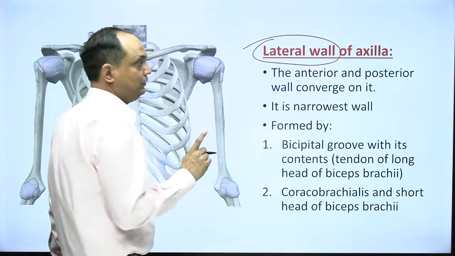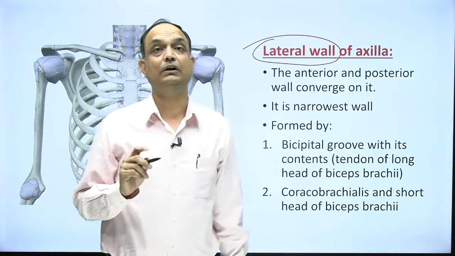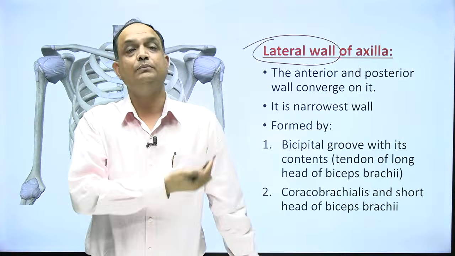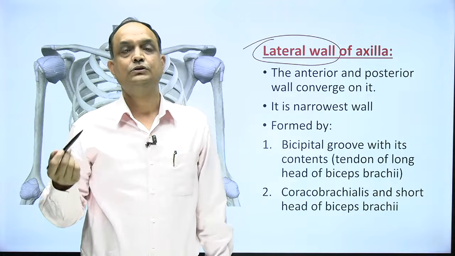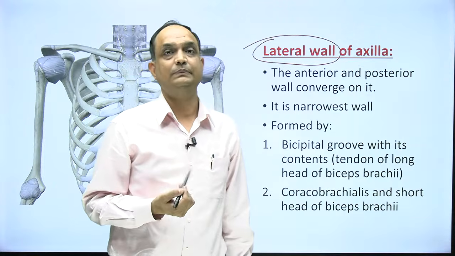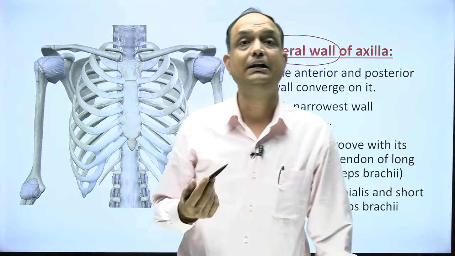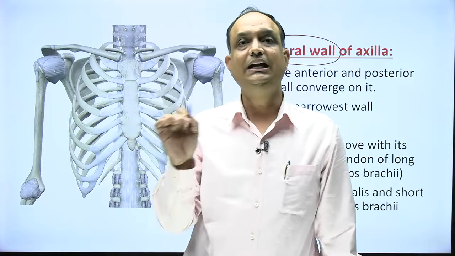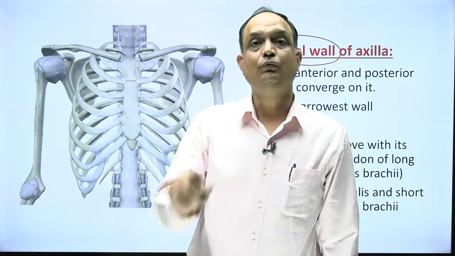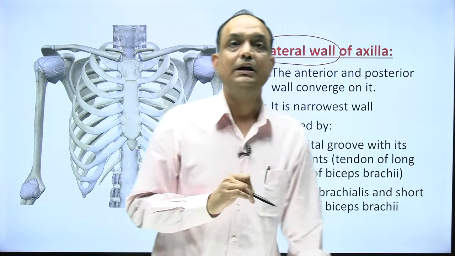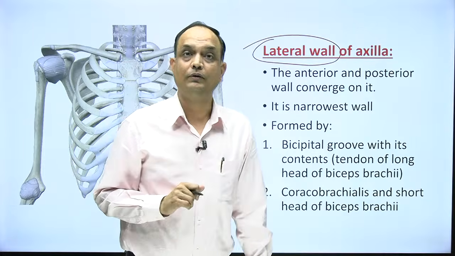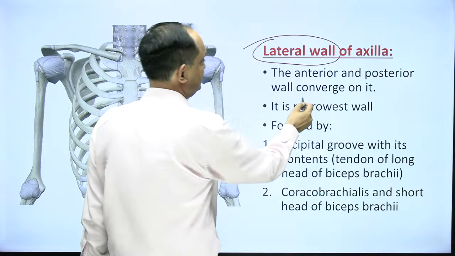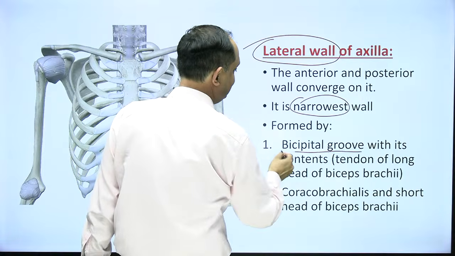Initially I told you that the lateral wall is the narrowest wall and it is basically the meeting point of the anterior and posterior walls. The anterior wall has pectoralis major and the posterior wall has teres major and latissimus dorsi. And you know that all three meet at one point, known as the intertubercular groove or bicipital groove. So it is the narrowest wall, where you will have the bicipital groove.